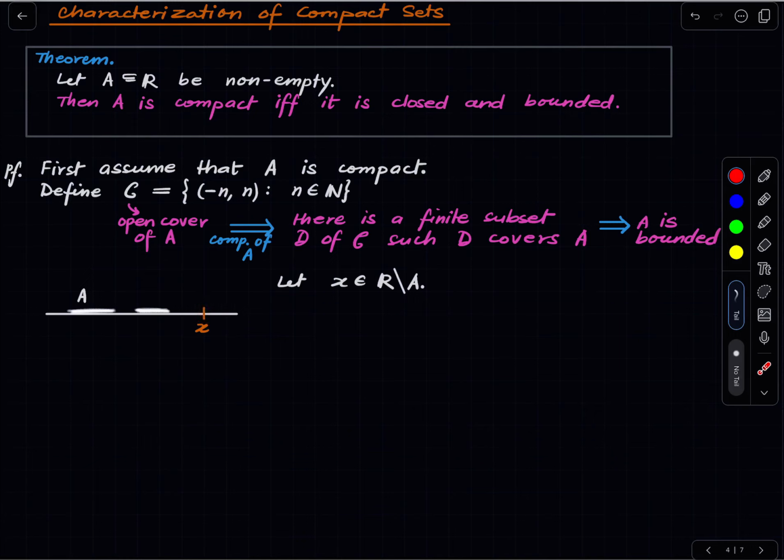In other words, to show that A is closed, we need to show that the complement is open, which means that whenever we choose a point in it, there should be some room around this point which is contained here, which is to say that it is disjoint from A. So we need to find some epsilon such that this open interval x minus epsilon comma x plus epsilon is disjoint from A. So that is what we will do.